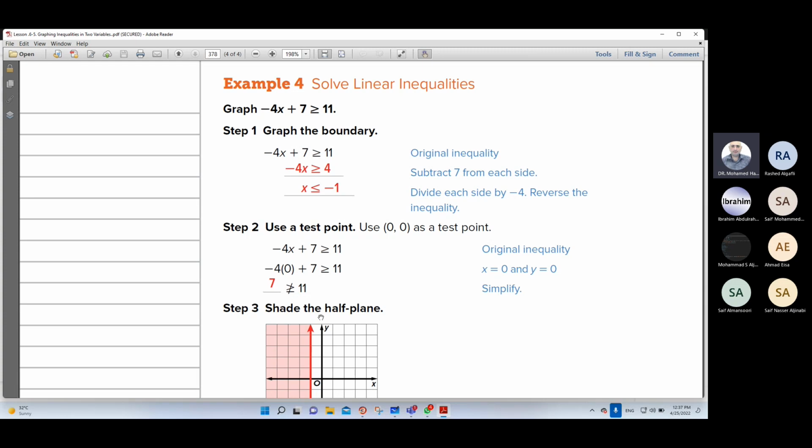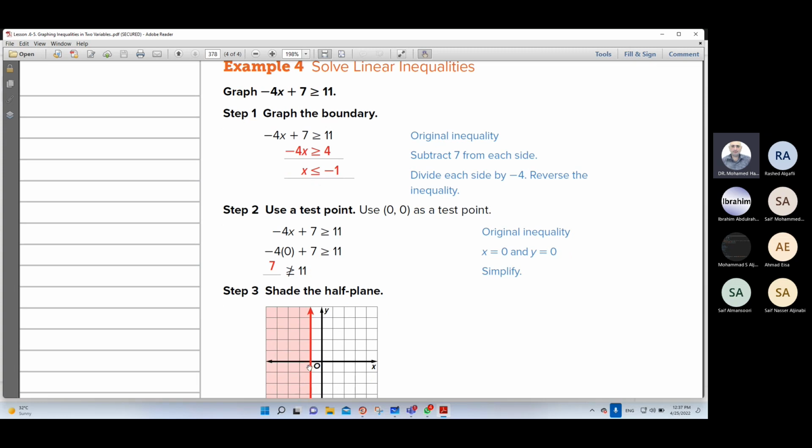So shade the half plane. We have here x equals negative 1. Represent negative 1, then draw a continuous line because here we have equals in the sign. And this line is parallel with y. Then as you see, 0 is not included because the test is not correct.